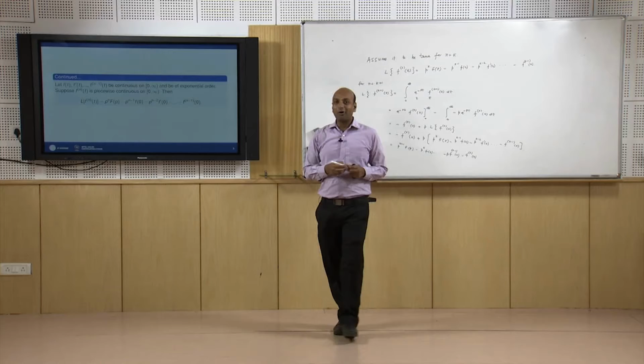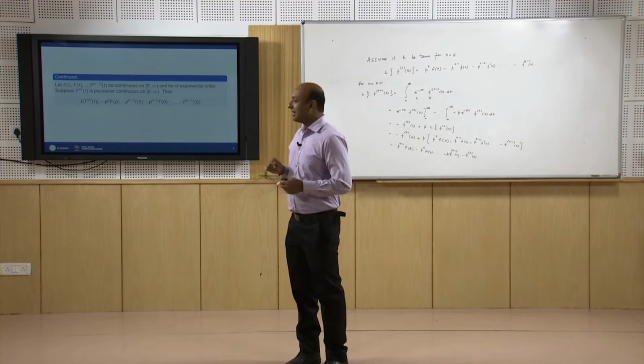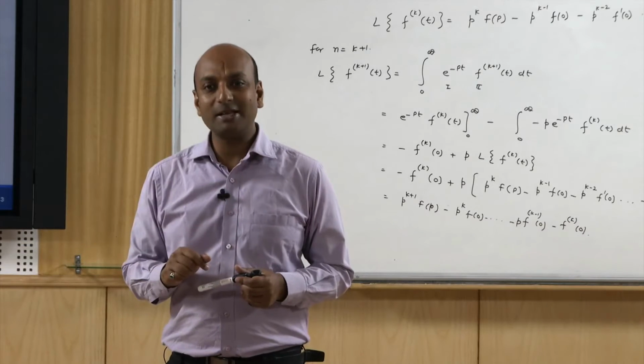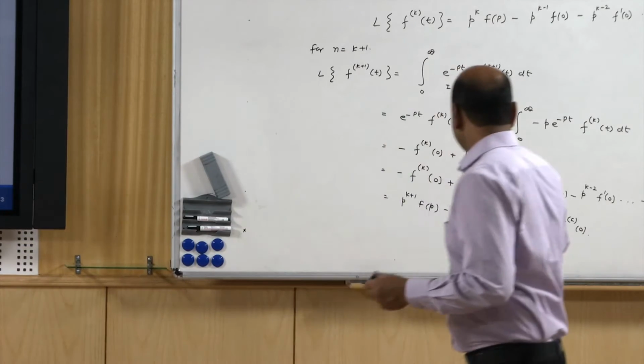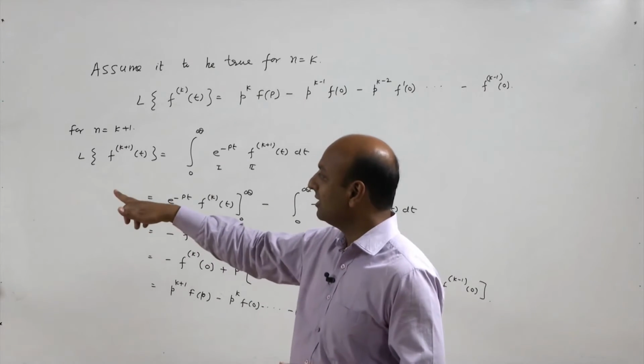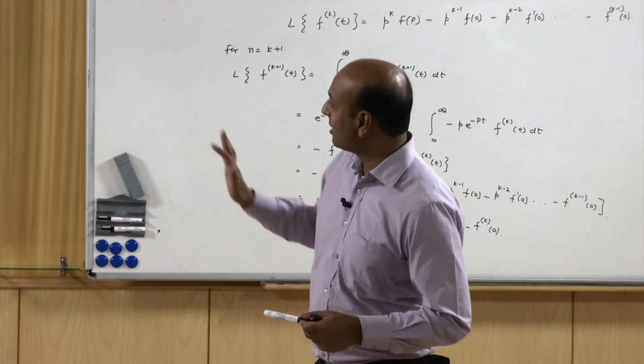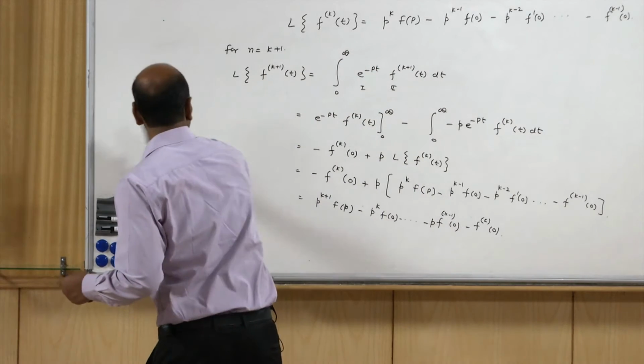So what we have obtained is that if we replace in this expression n by k plus 1, the result holds. Hence the result holds for all n. So, hence proved this result.